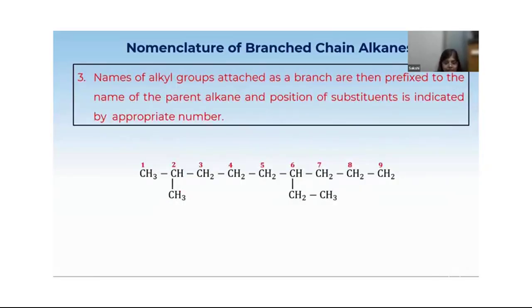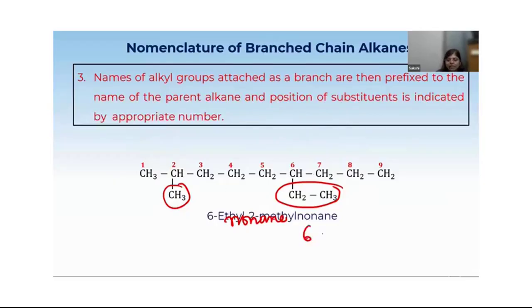Okay, so we have this. Let us name this. So what is the word root? Word root is non, right? So it is like nonane. But I have methyl on the second carbon atom and I have ethyl on the sixth carbon atom, right? So it is 6 ethyl. Why did I put ethyl first?